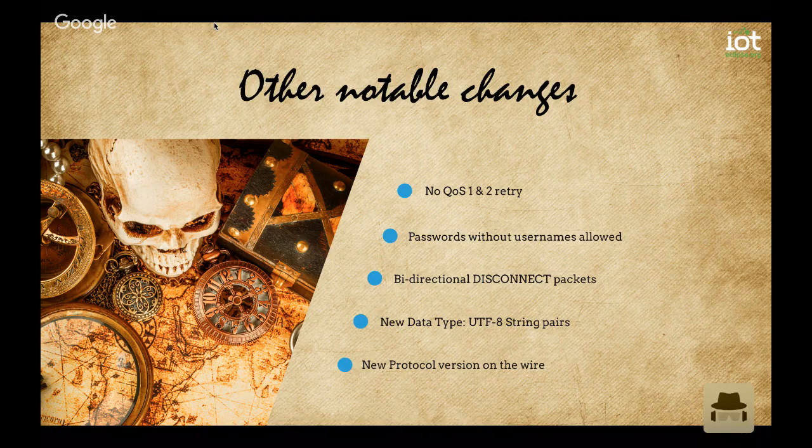It was just version 3. When MQTT 3.1.1 came out, the TC decided to use the number 4 for this protocol version, because only integers are allowed here. So what happened with MQTT 5? The TC decided, okay, let's streamline the name and the protocol version on the wire to avoid confusion. And so now everything is just called MQTT 5.